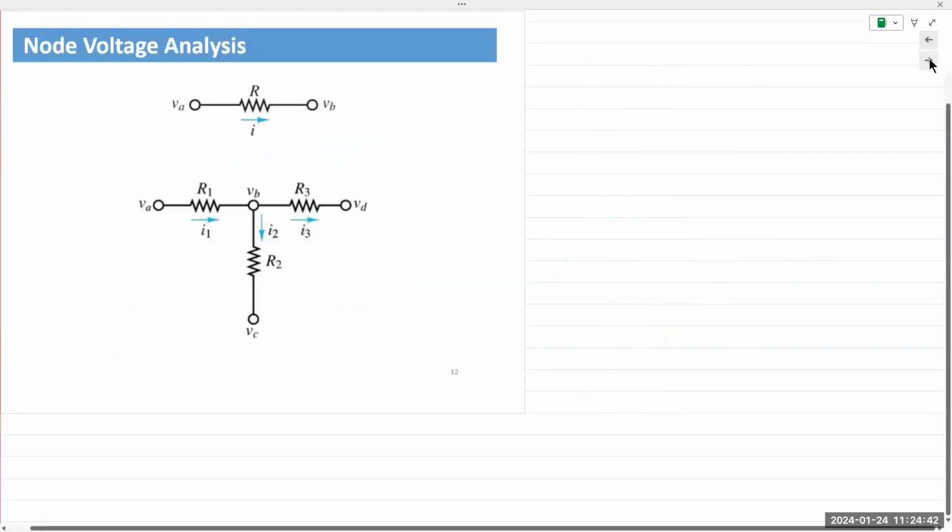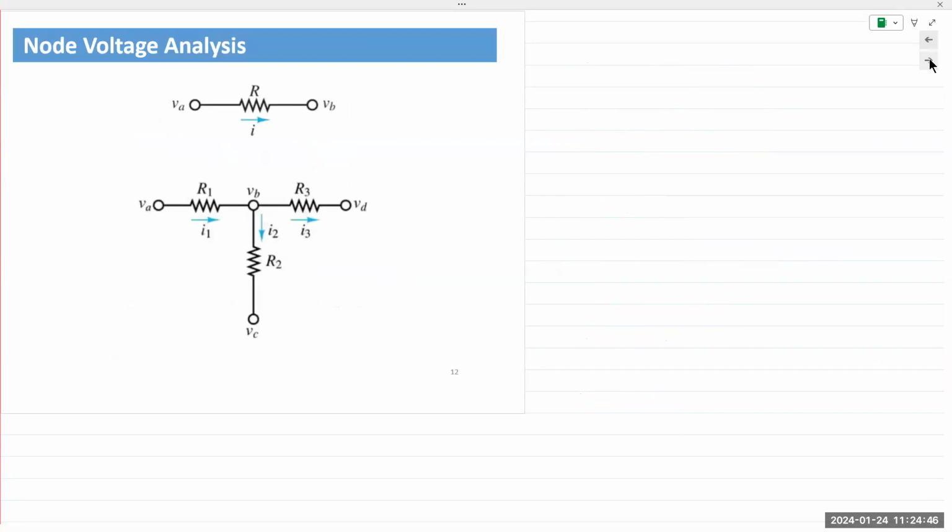What we do for node voltage analysis is we want to write out equations, right? Generally speaking, in math, if you have one unknown variable, you need at least one equation to solve for that variable. If you have two unknown variables, you'd want two equations. If you have three, you want three equations, and so on.